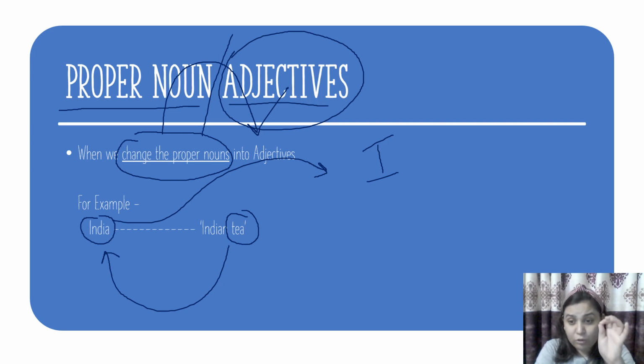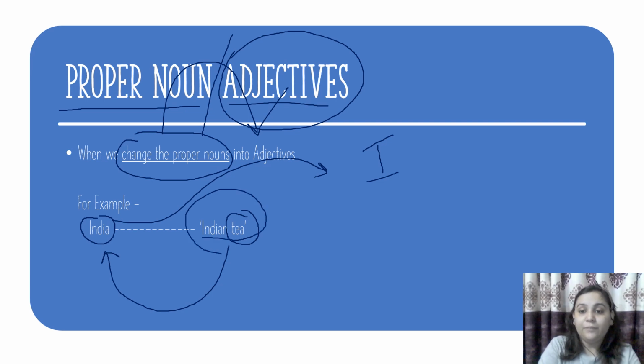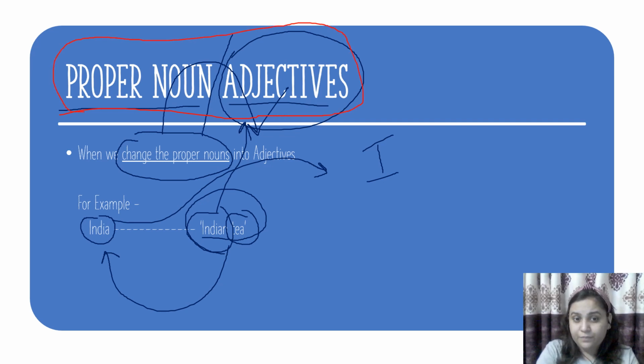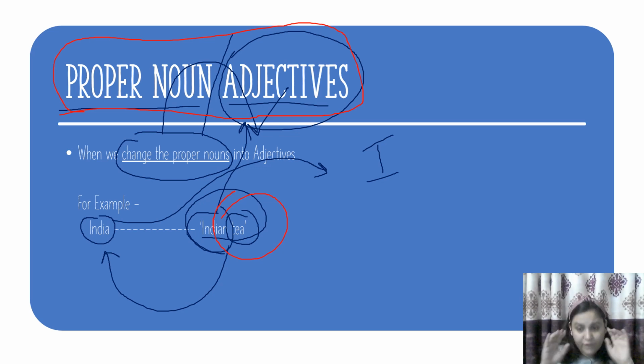So that particular kind of tea, which is the speciality of India, is called Indian tea. Here, Indian is the adjective. And what kind of adjective is it? It is a proper noun adjective. And tea is a common noun here. Okay, so whenever we talk about things which are proper nouns, we just change that thing into an adjective.